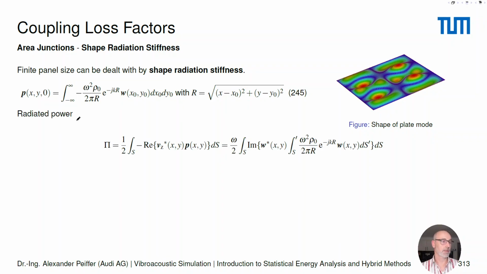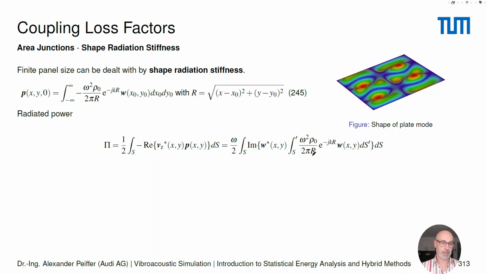And then we take the radiated power derived by this specific shape, and that means we have to integrate the velocity times the pressure, and the pressure follows from the above formula. You see that you have to integrate over the surface to derive the power, and we have again to calculate a second time over the surface to get the pressure.